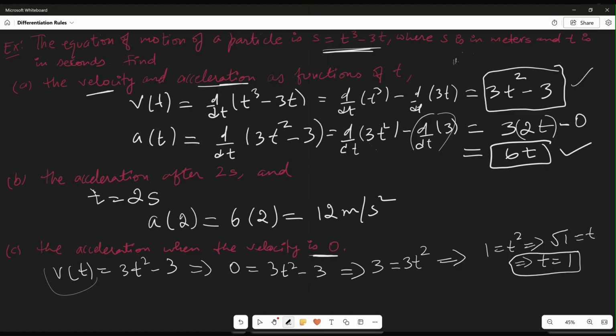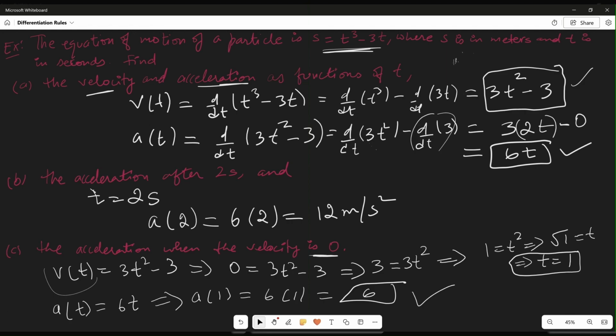Now this is what we are finding, the velocity, sorry, the acceleration. So we are going to plug the value into the acceleration function now, 6t. So for the acceleration when the velocity is 0, that means t is equal to 1. The acceleration is going to be 6 times 1, which is equal to 6.